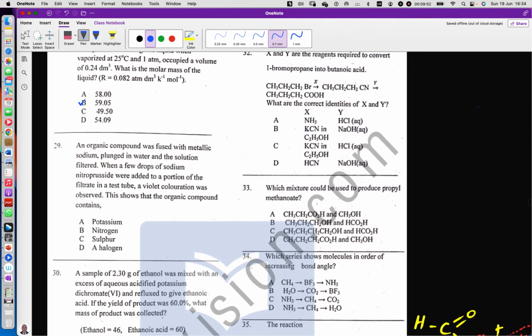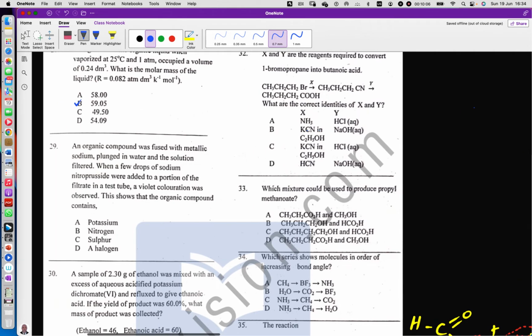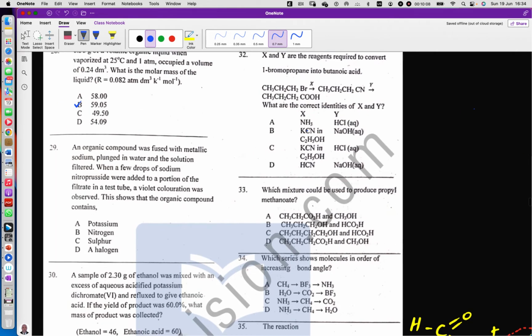Question number 29: An organic compound was fused with metallic sodium, plunged in water, and the solution filtered.